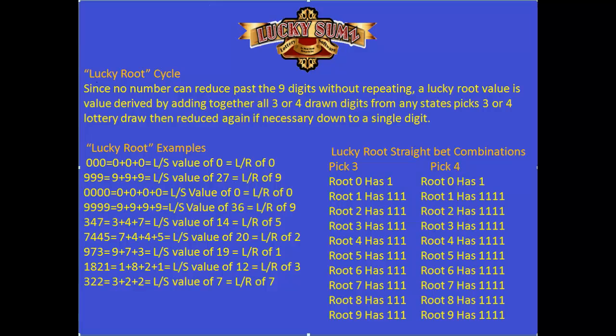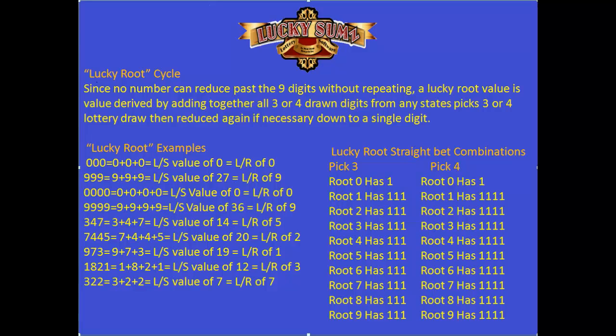A few lucky root examples would be, just like we were talking about before in the lucky sums, 0 plus 0 plus 0 equals a lucky sum 0. But it's already reduced to a single digit, so the lucky root is also 0. Now, 9 plus 9 plus 9 is a lucky sum of 27.